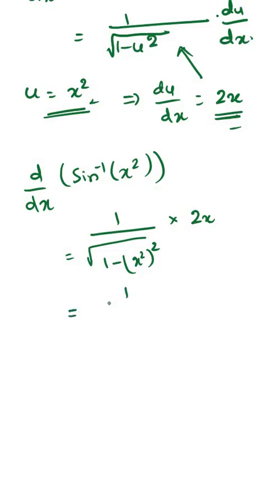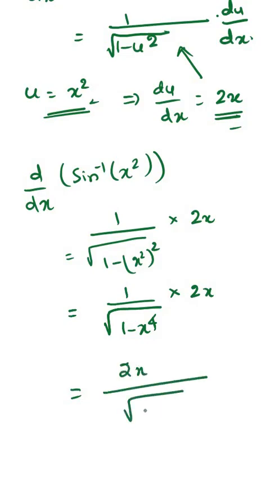That's equal to 1 divided by square root of 1 minus x raised to 4, into 2x. So the final answer is 2x divided by square root of 1 minus x raised to 4.